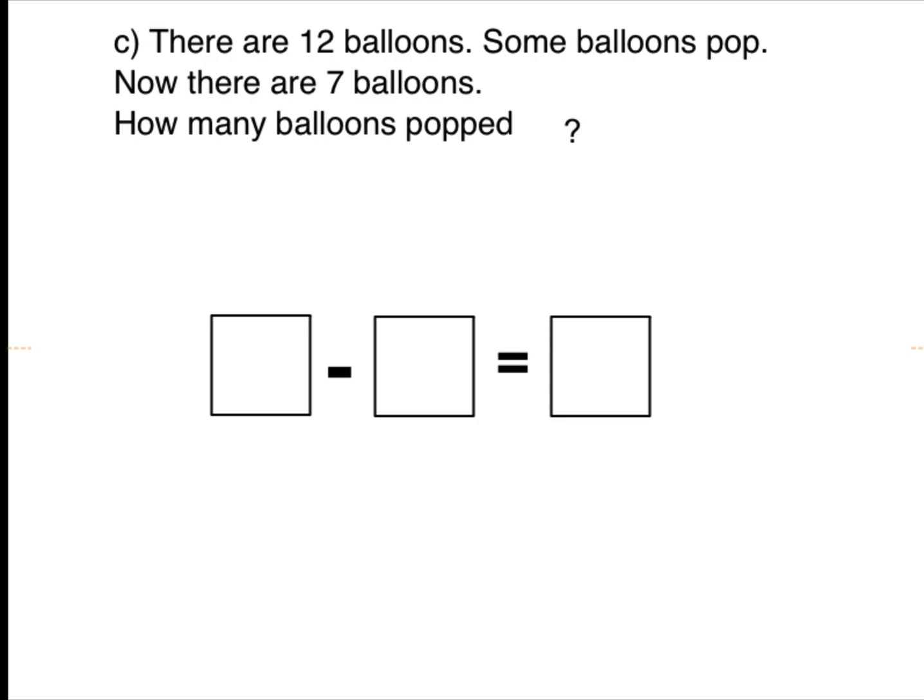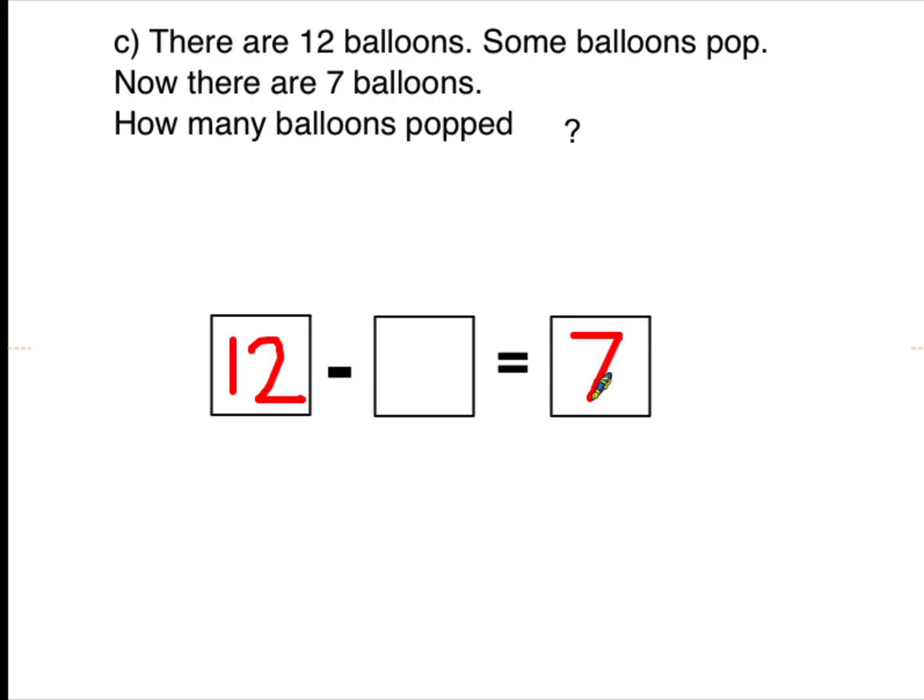There are 12 balloons. Some balloons pop. Now there are 7 balloons. How many balloons popped? Make your number sentence. There are 12 balloons. Some, so you need to make a box. Some balloons pop, so you get fewer of them. So we need take away.